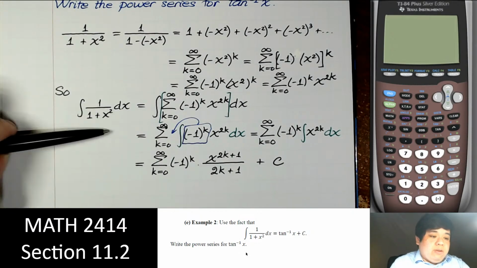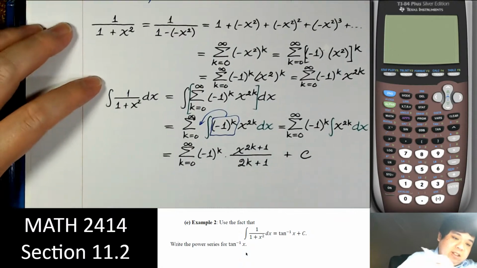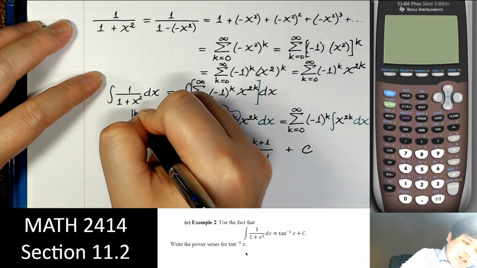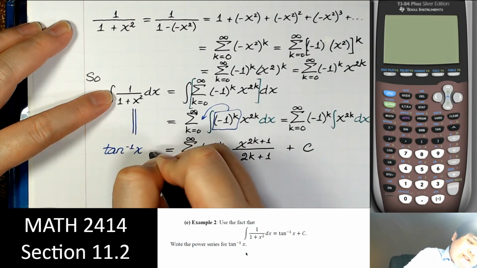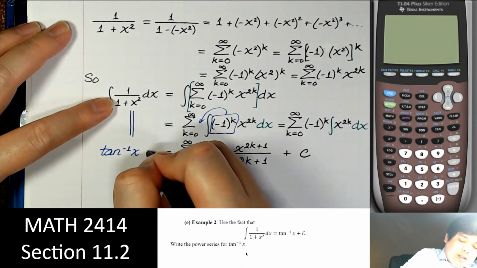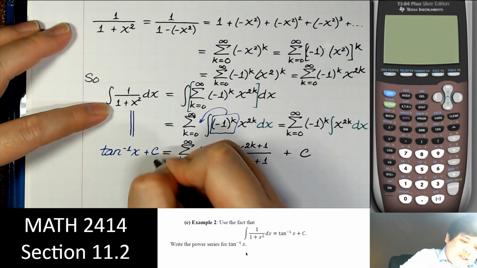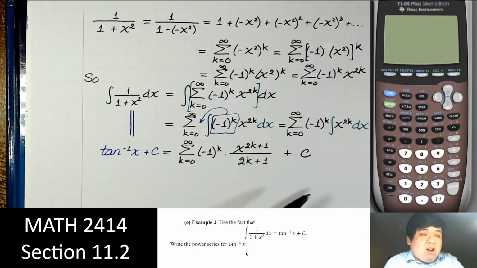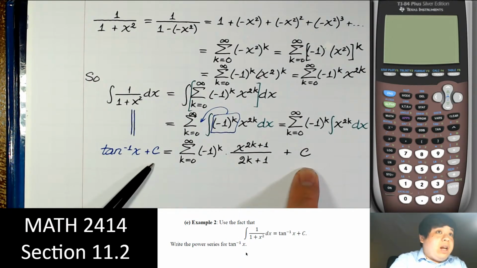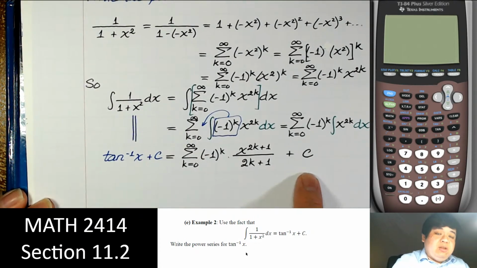And the integral of that one, according to the problem given, is equal to tangent inverse x, let's say plus c. But usually we just need one constant. We move one constant to the other constant. Those two constants are not the same, so I'm not going to cancel them because they're not the same, but we can move one to the other and combine them.